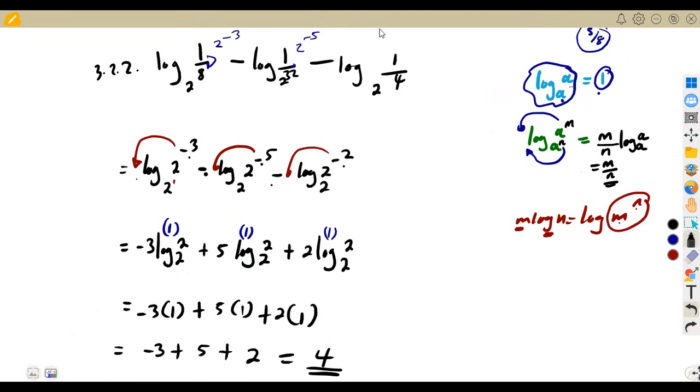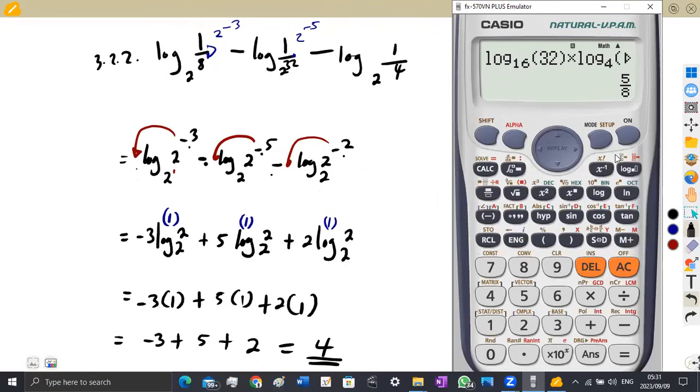Like I said, logarithms can be proved on your calculators. You do not work logarithms out on the calculator, but you can prove it. Log of 1 over 8 in base 2, minus the logarithm of 1 over 32 in base 2, minus the logarithm of 1 over 4 in base 2.